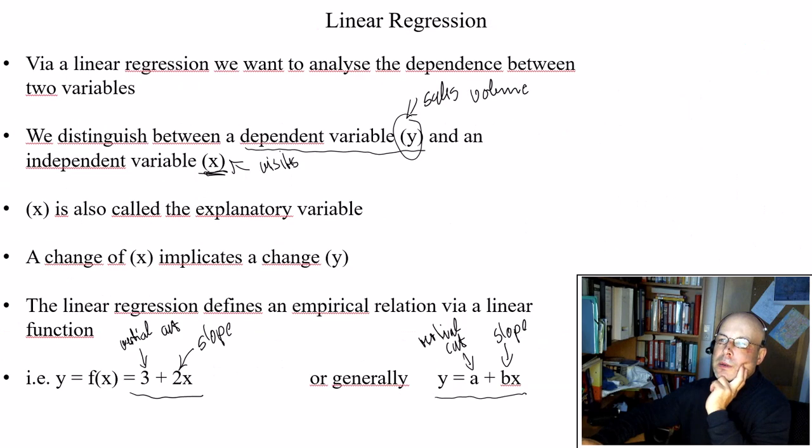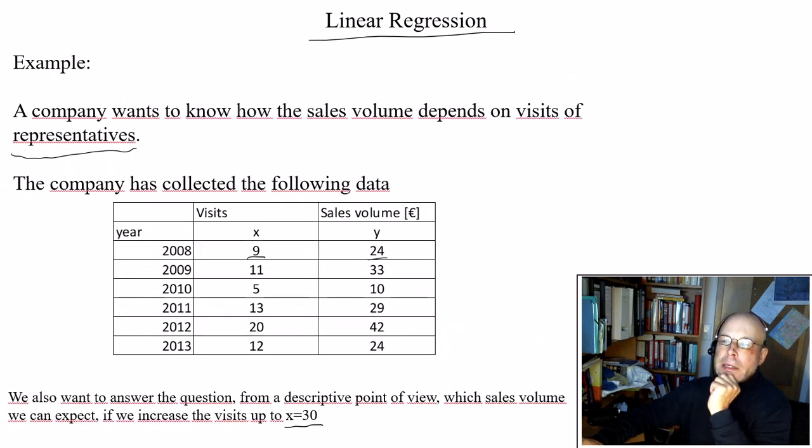Within our example here, I had some data of not profit, but the sales volume and the number of visits of some representatives of your company, so to speak. Some guys who are knocking at the door of their neighbors and asking if they want to buy your product.